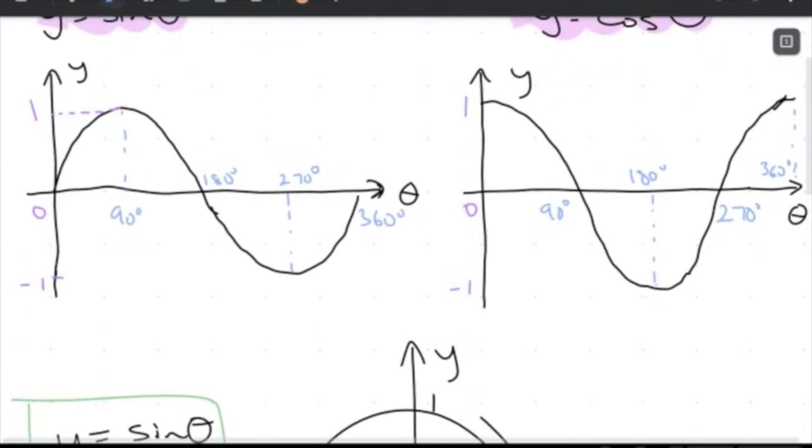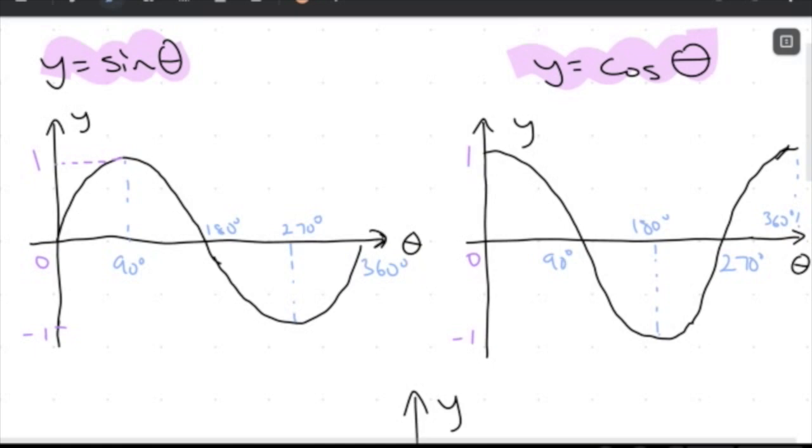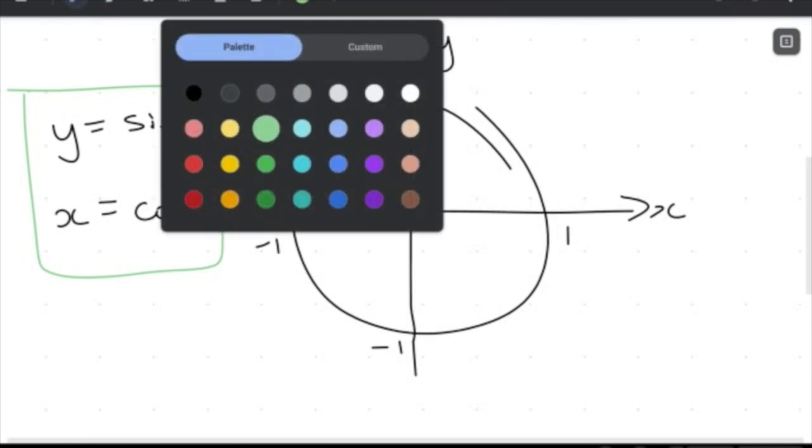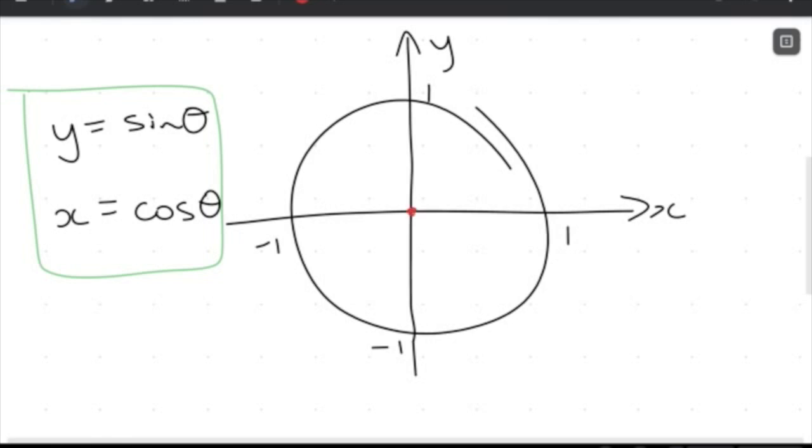Now, we're looking at sine theta first, y equals sine theta. We said that sine theta was my y component. So let's say we start at 0 degrees here. So I start at my origin and I draw an angle that's 0 degrees. Well, how far up in the y has it gone? Well, it hasn't gone up at all.